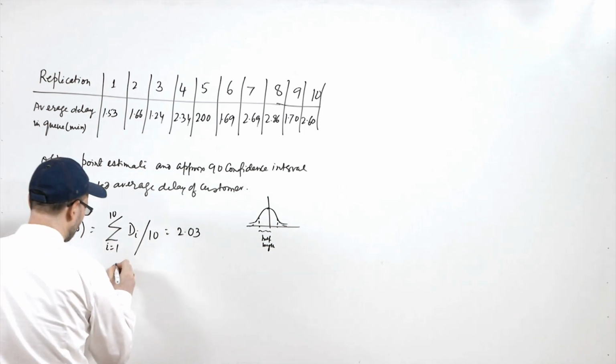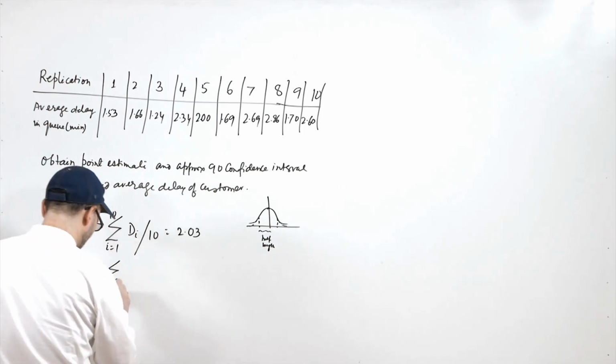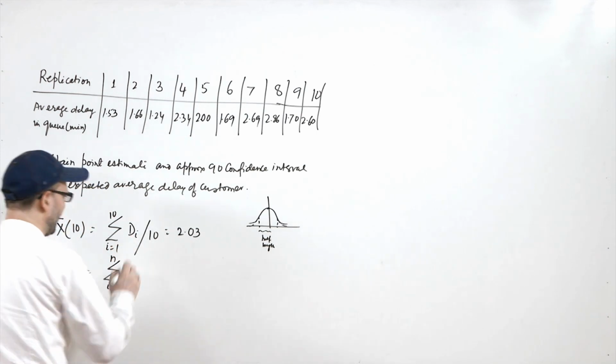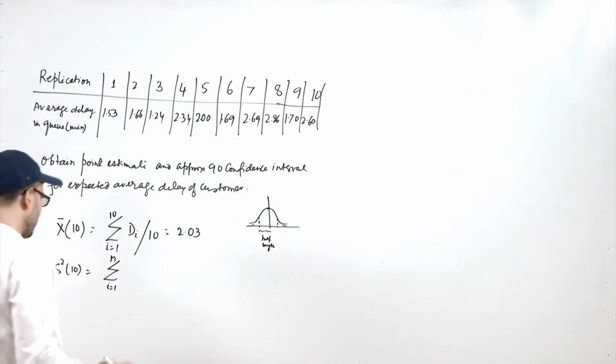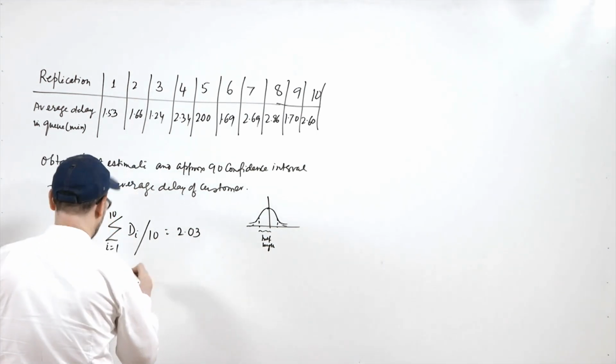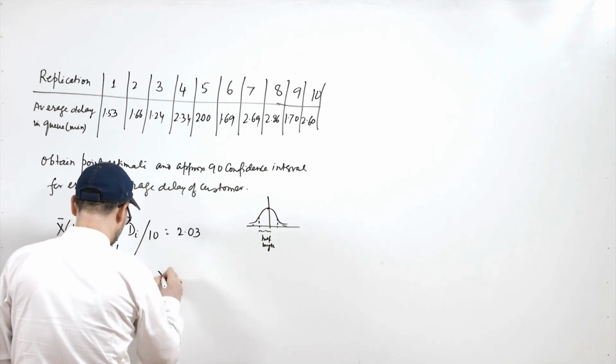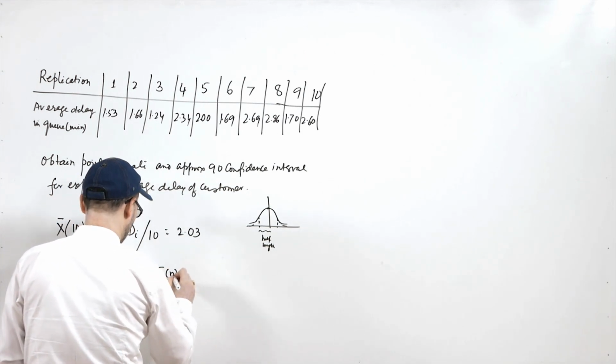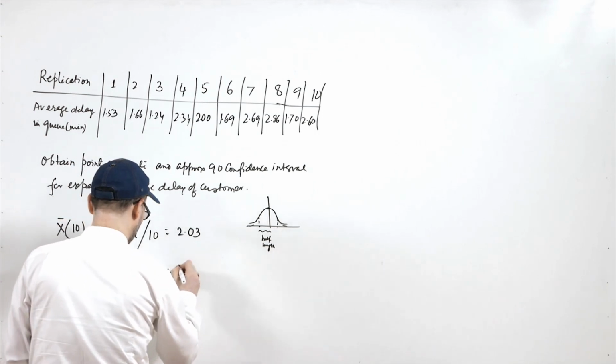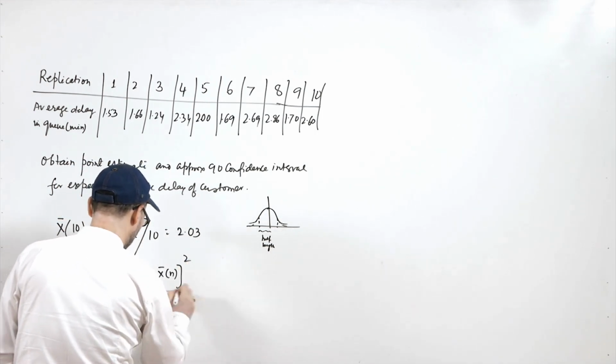It will be the summation from i equal to 1 to n of x i minus x bar n, squared, upon n minus 1.